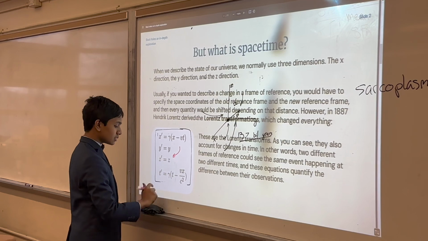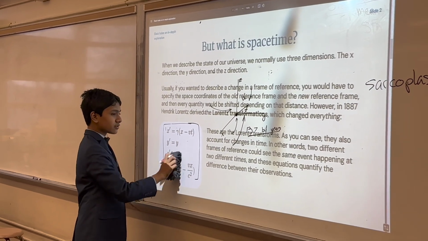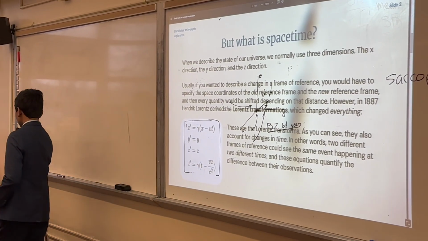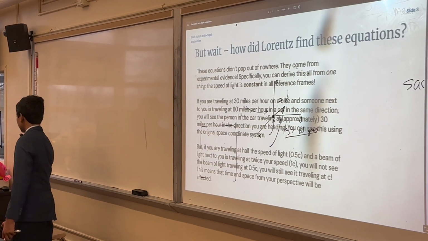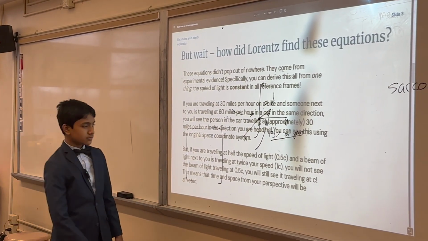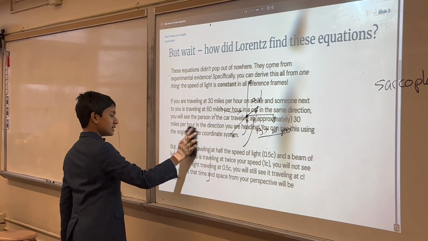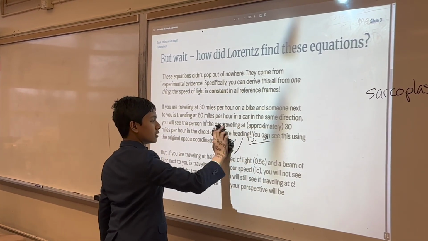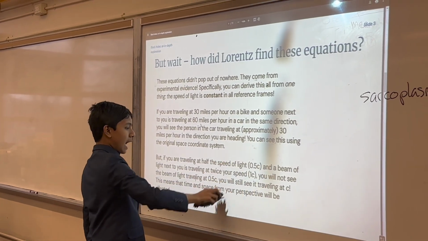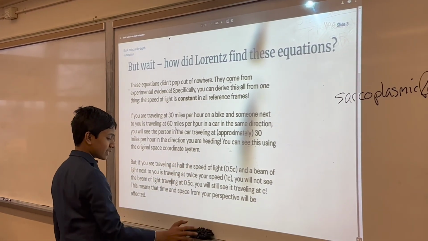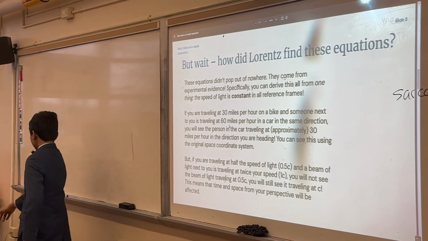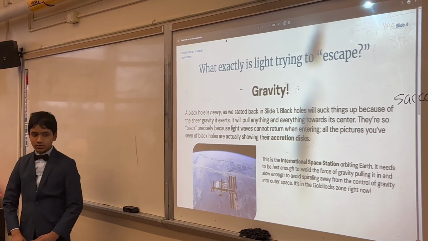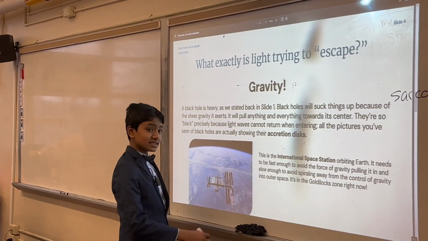And these are the contributing factor to that. So this is what we call the Lorentz transform. This is just another slide that I thought would be good to explain how reference frames work, but I think I've explained them adequately enough. So let's move on to the second question.